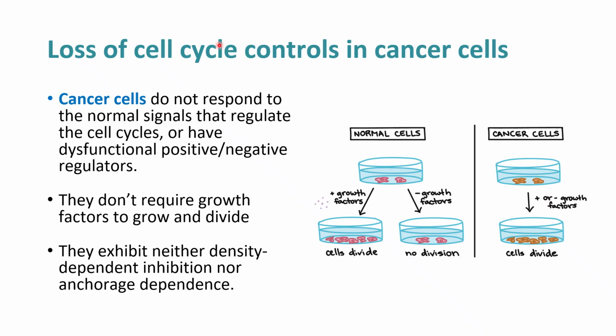So the regulation of the cell cycle is very crucial to our health. Cells really only should divide when needed, and that's why we have all these different mechanisms to regulate the cell cycle. When it loses control, it could be because our cells stop responding to normal signals that regulate the cycle, or it could be dysfunctional positive or negative regulators.